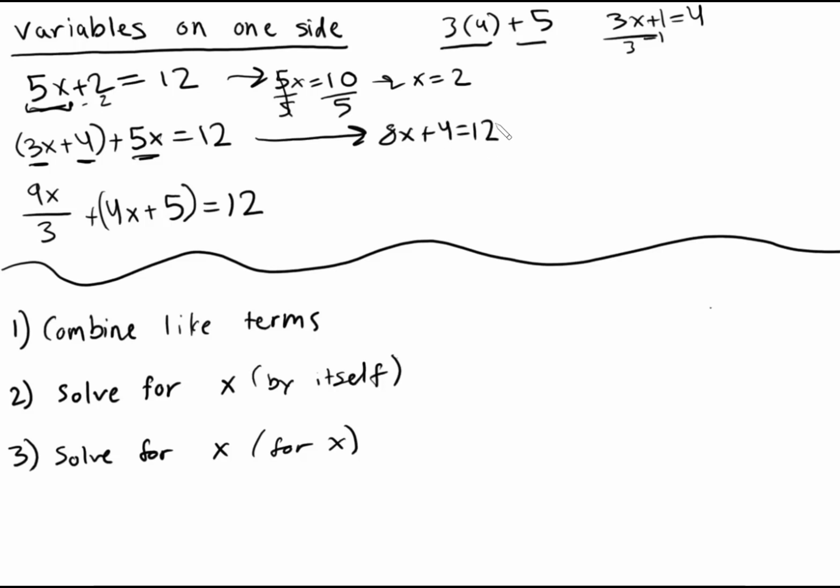Now we'll do our step 2, solve for x, which is to get our 8x by itself. You subtract 4 on both sides, and now you get 8x is equal to 8. Divide by 8, which is your third step, just solving for x without the coefficient, and you get x is equal to 1.